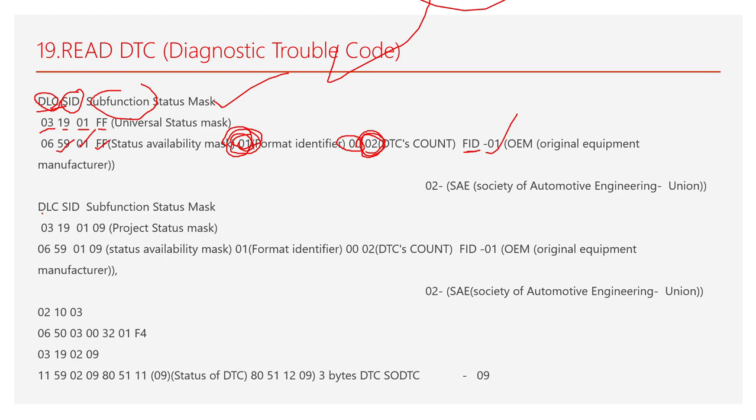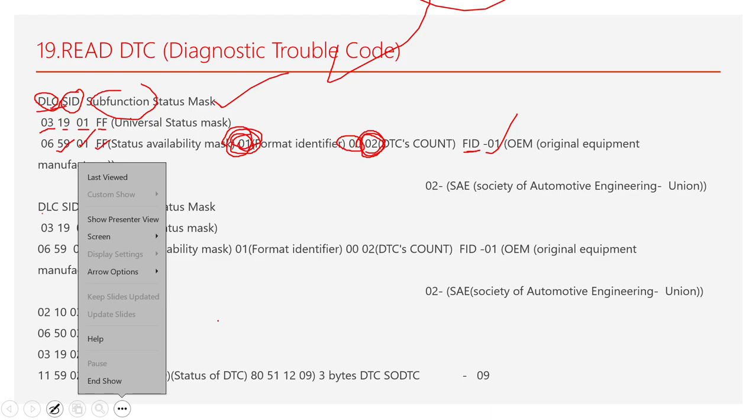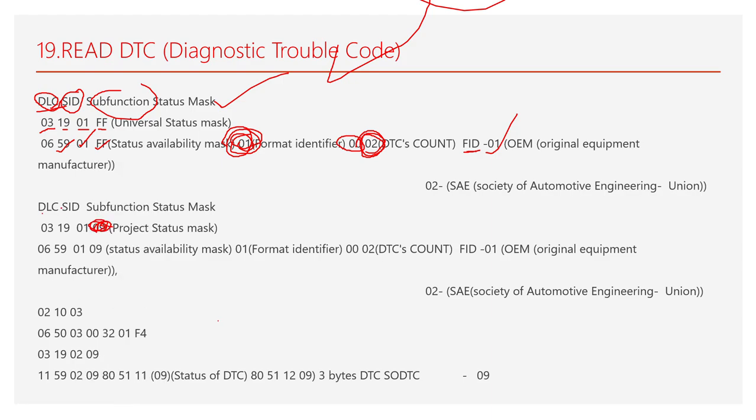Next we can check it. For example, our project identifier is 909, so I'm taking 09 as the project identifier. What is the output we get if we take the project identifier? We can see here, this is the 19 service, I am taking 0, and one subfunction.